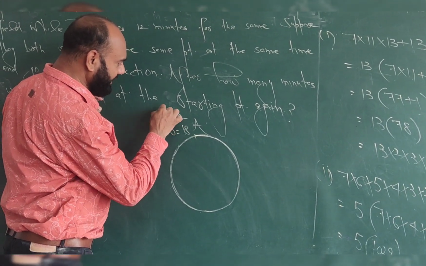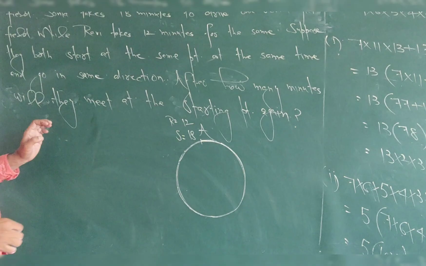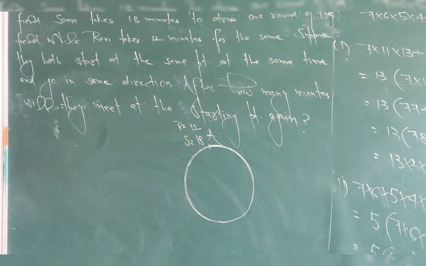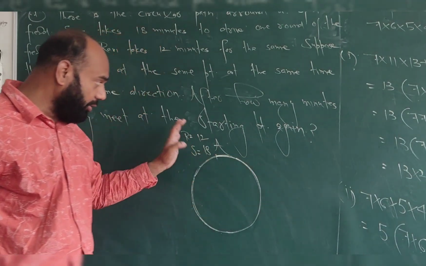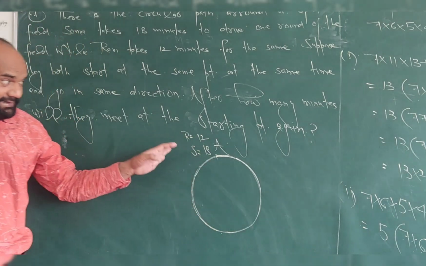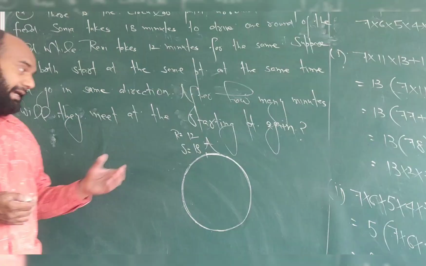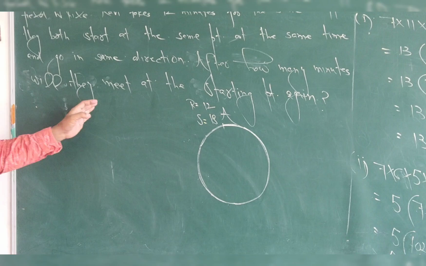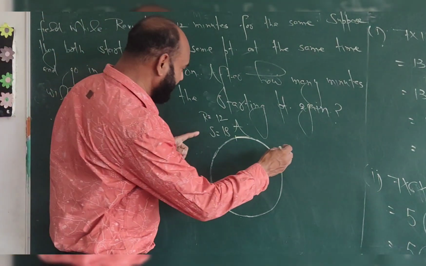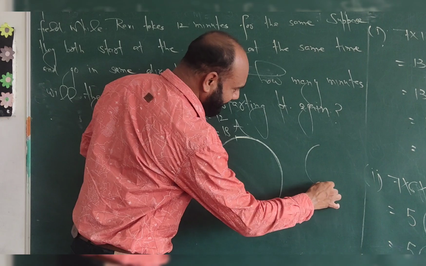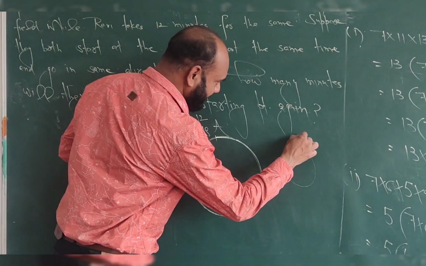Sonia in 18 minutes and Ravi in 12 minutes. Then here we have to find after how much time they reach the same point, and it can be found directly because we see here Ravi takes one round in 12 minutes.